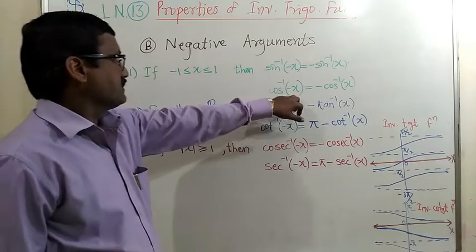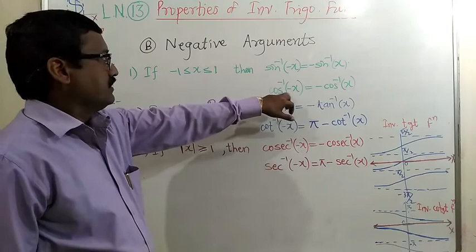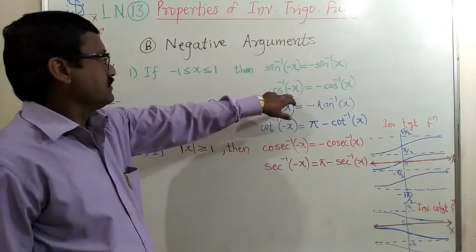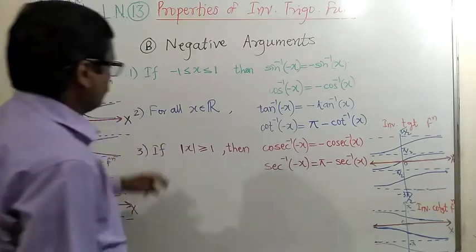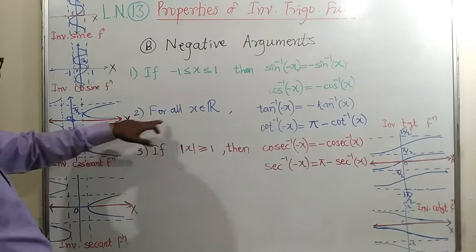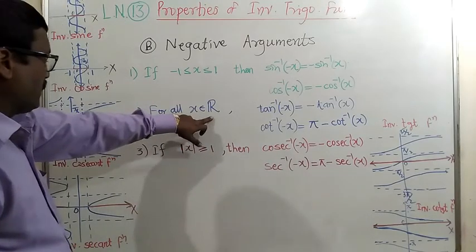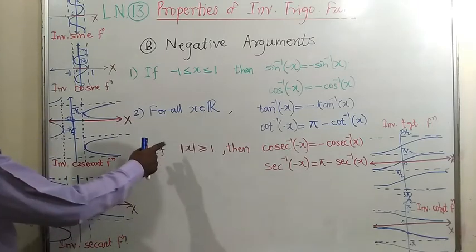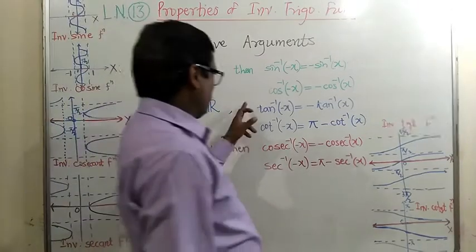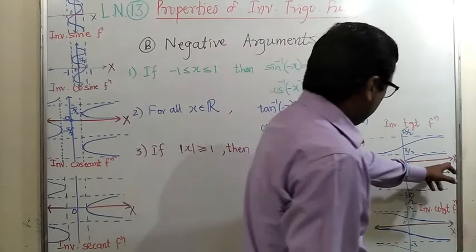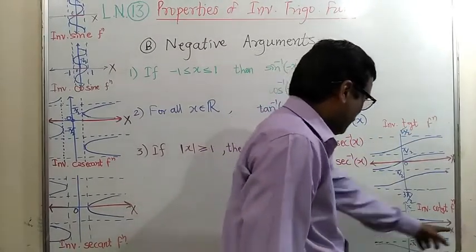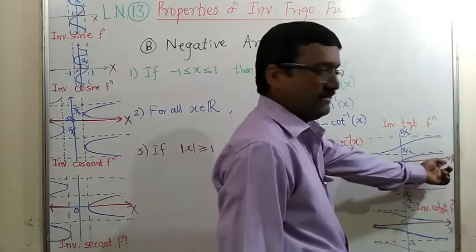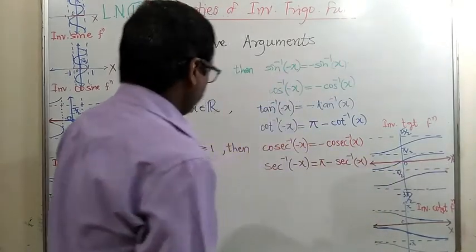Similarly, this holds for negative x when x belongs to the domain of the inverse cosine function. Now here in the second group, x belongs to R. For the inverse tangent and inverse cotangent functions, the domain is the set of all real numbers on the x-axis.